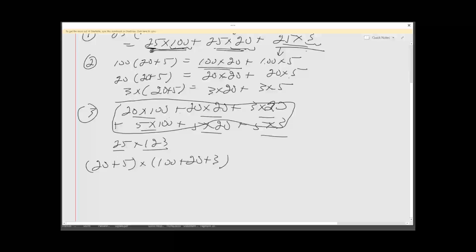What happens is that this first term multiplies each of the second terms. So it's 20 times 100 plus 20 times 20 plus 20 times 3 plus 5 times 100 plus 5 times 20 plus 5 times 3. That's what we see on this pattern. So each term in the first factor multiplies every term in the second factor.